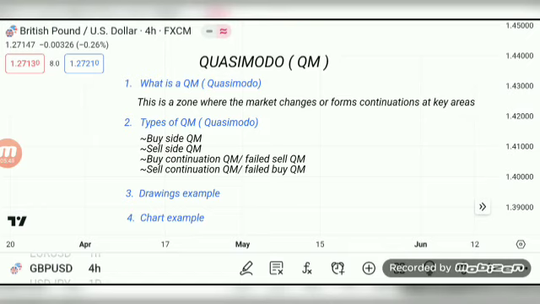So we are basically going to be using the H1, the H4, and the daily. We are only going to drop down to M15 to get our moves where we are going to buy from, okay, or sell from. So let us first get into these drawings examples.